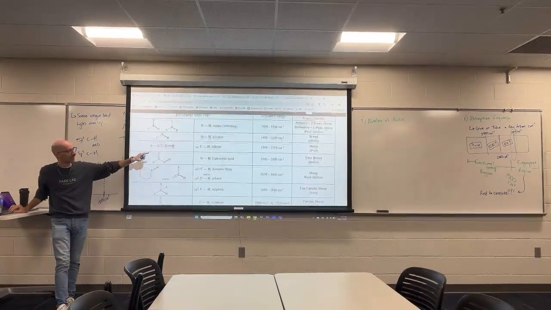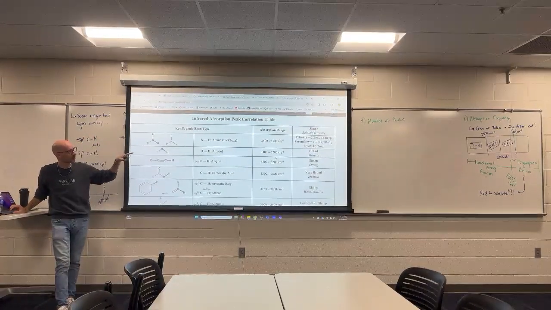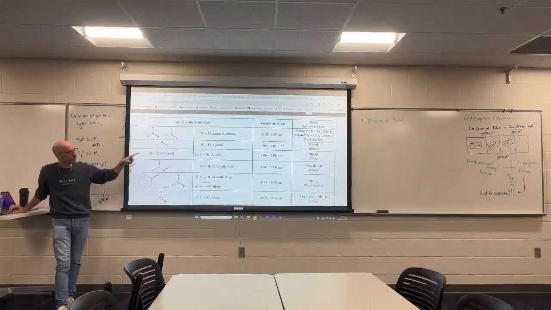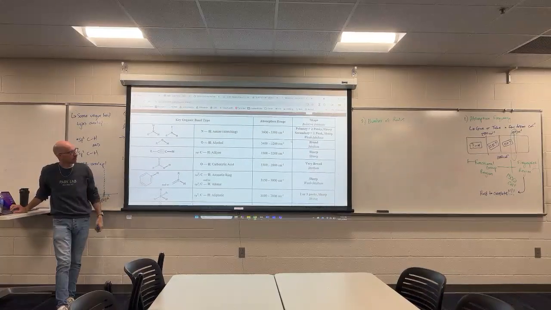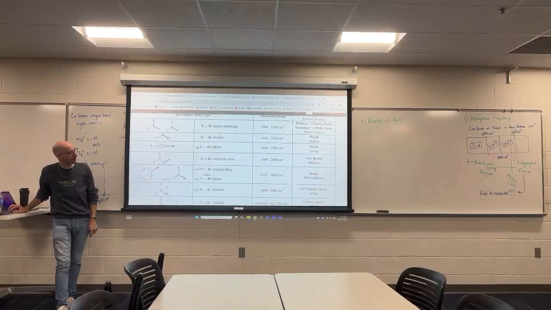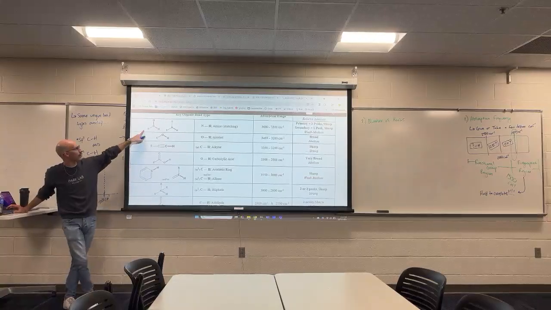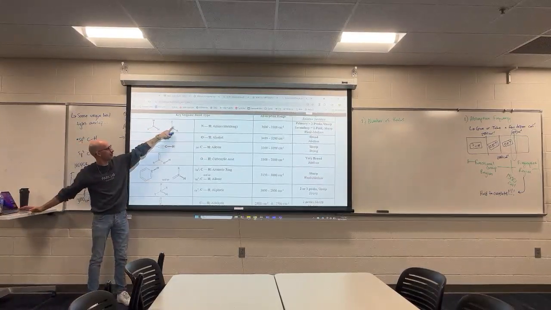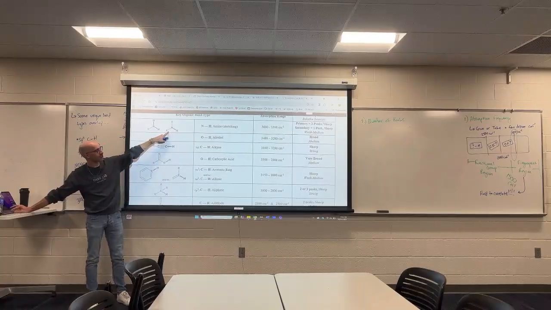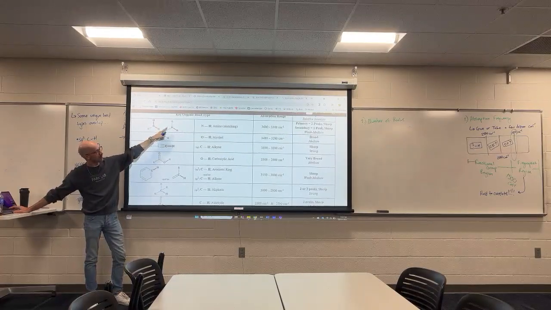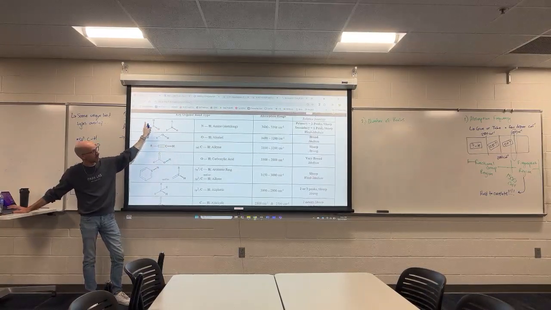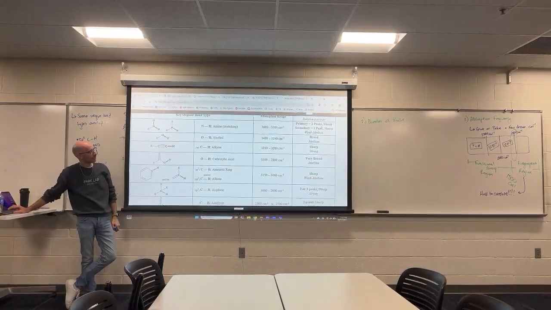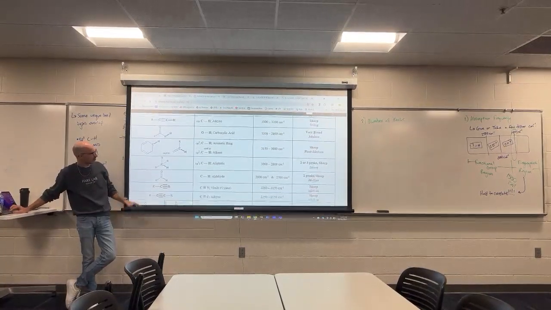On the far right side of this correlation table, you'll see that every now and then it says primary amine, that's NH2, 2 peaks. Secondary amine, that's just NH, 1 peak. There's a signal, a peak, for each NH bond.